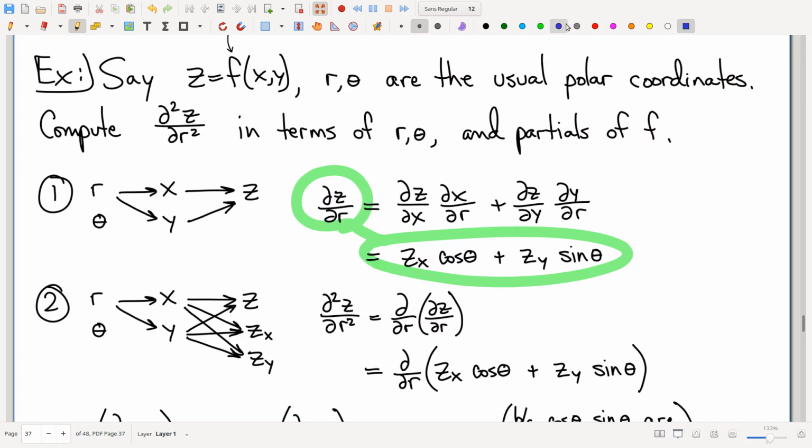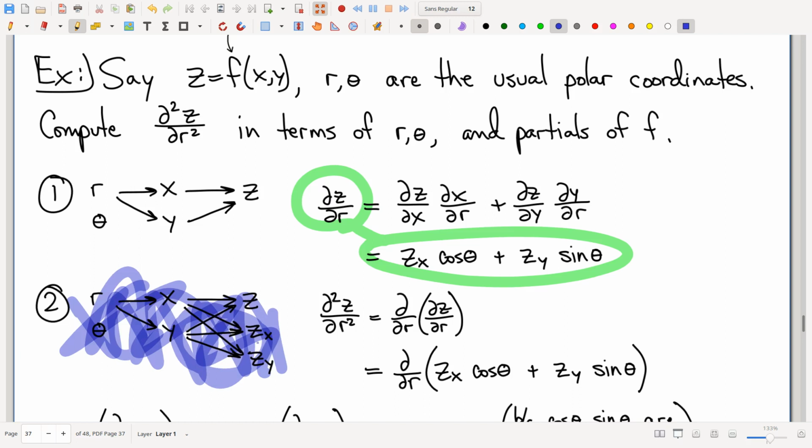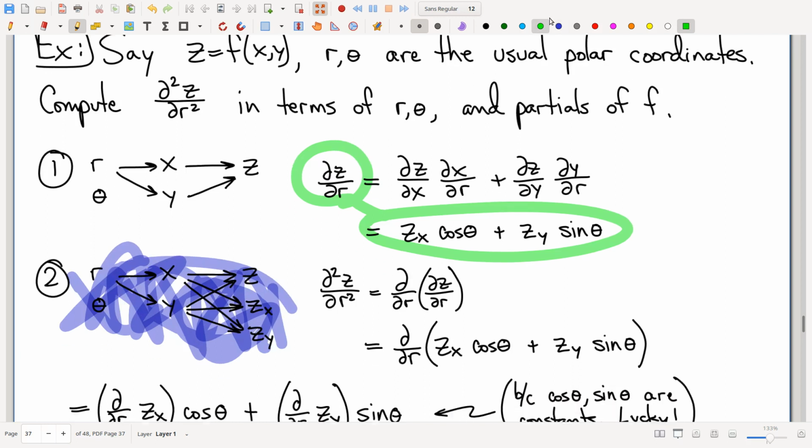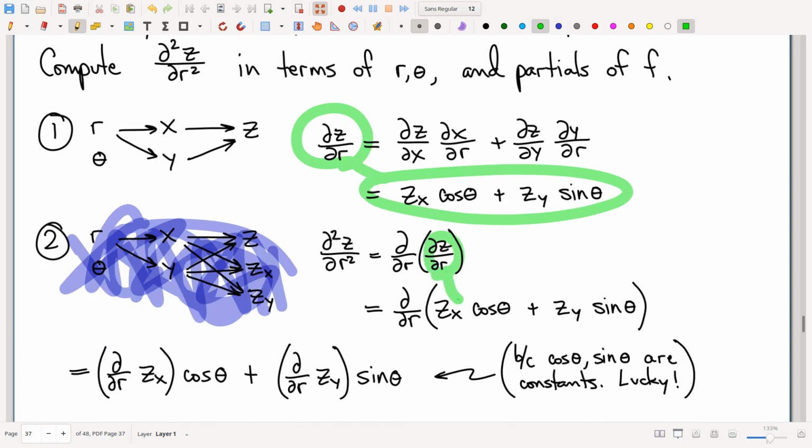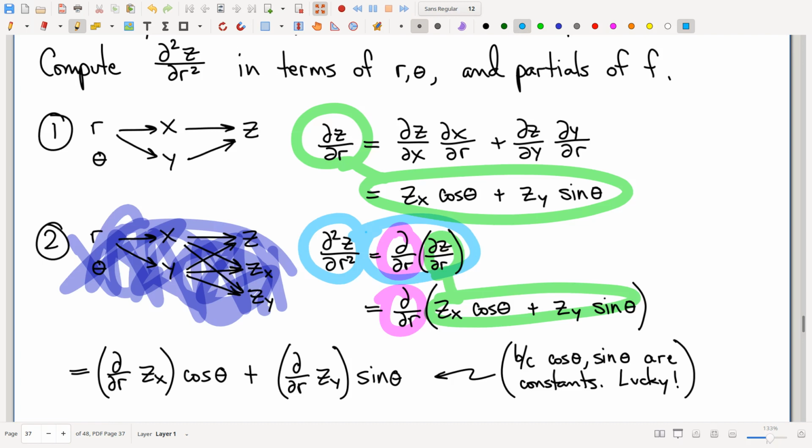By the way, for the moment, don't look at this. We'll come to this in a minute. That's a distraction for the moment. Okay, yeah, so we have the partial with respect to r. That's the thing that I now need to take an r partial of to get what I'm actually interested in, the second partial.